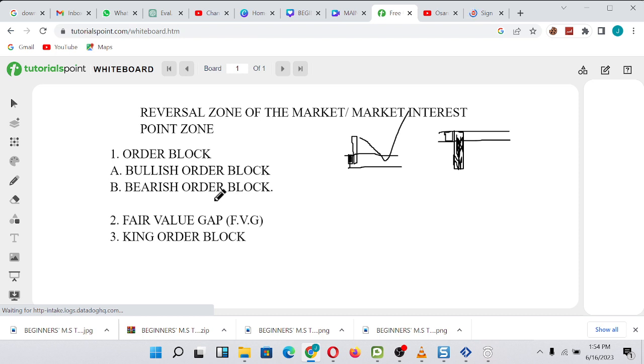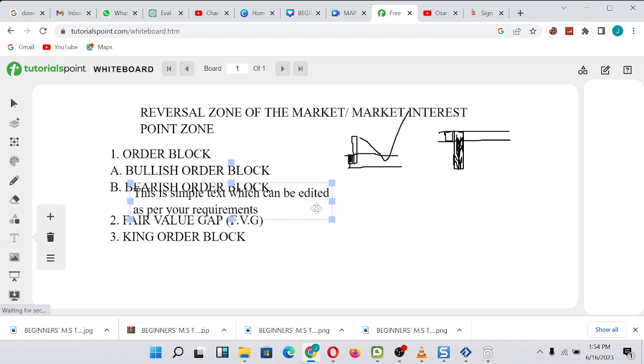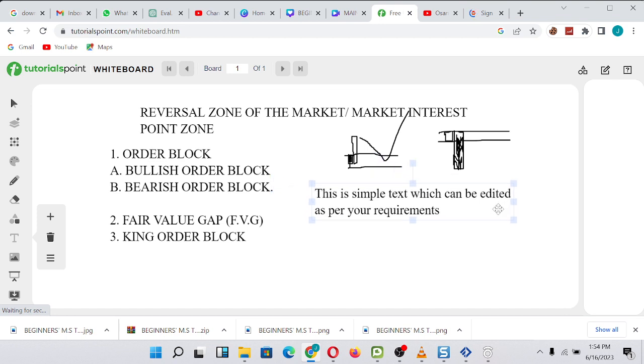Now I'll be showing us in the chart for us to actually learn more about it. But before we look at the chart, let's look at the characteristics of a bullish order block.